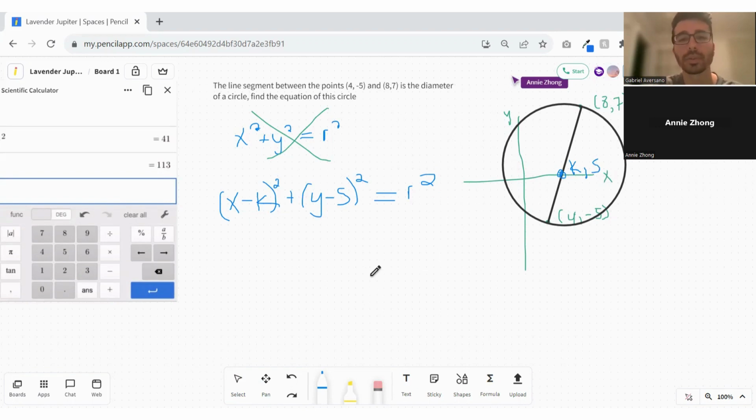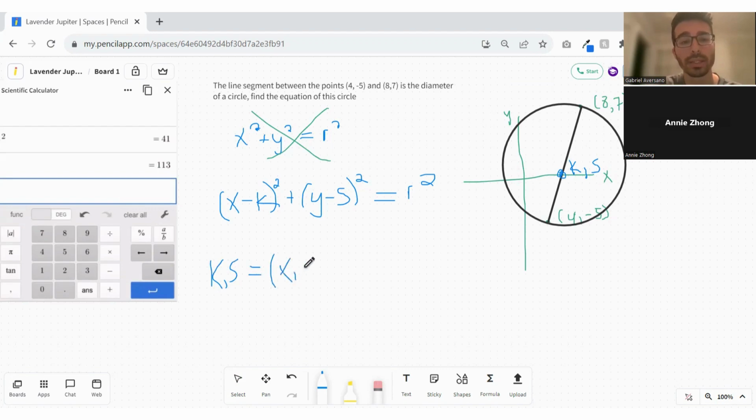To find the center of the circle, we know that these two points form the diameter. So the midpoint of that line segment is going to go right through the center of the circle. So the center coordinates are going to be equal to our midpoint formula.